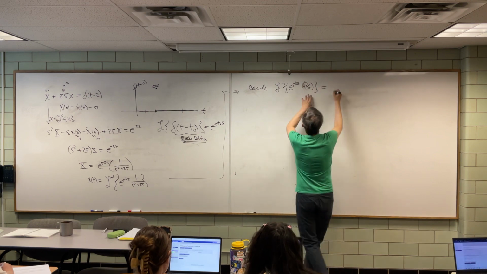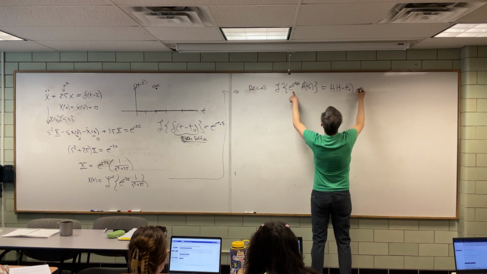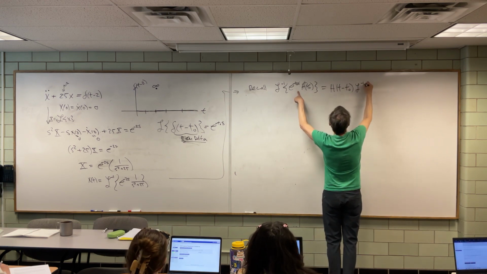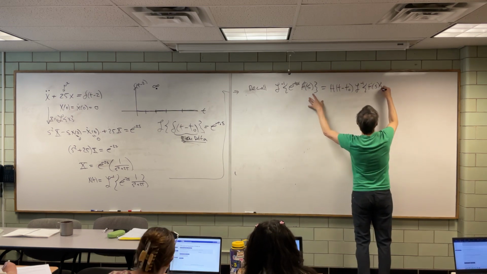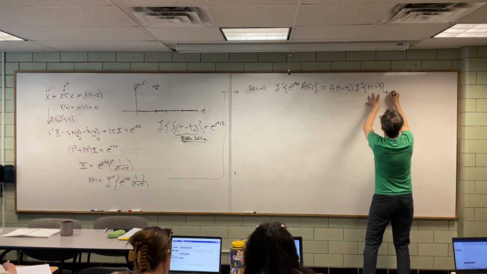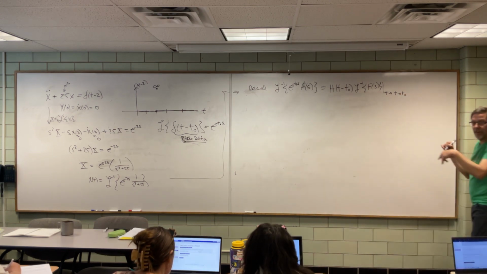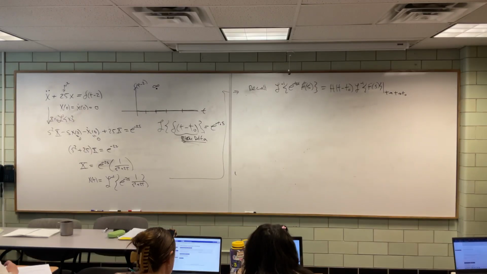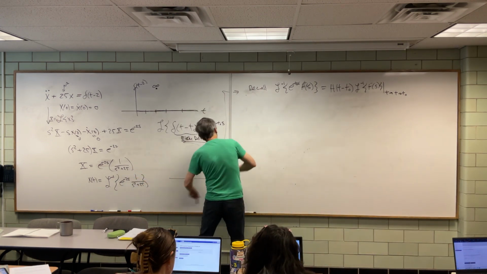So this comes out in front as a Heaviside. And this becomes L inverse of the thing that's just attached to the e, but then after that transform, t goes to t minus t naught.